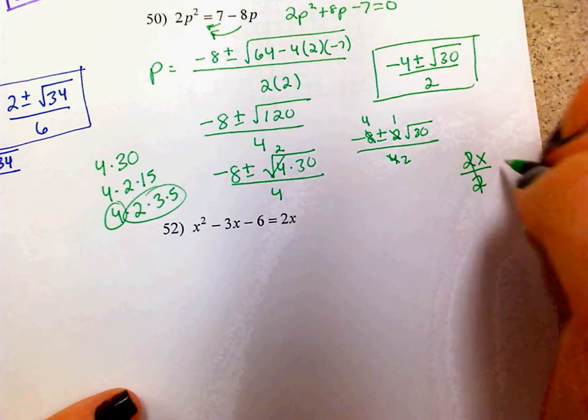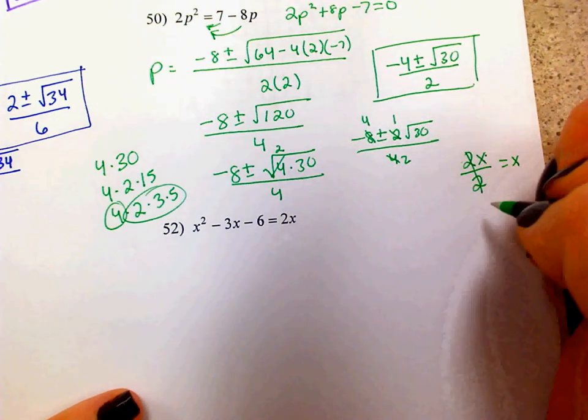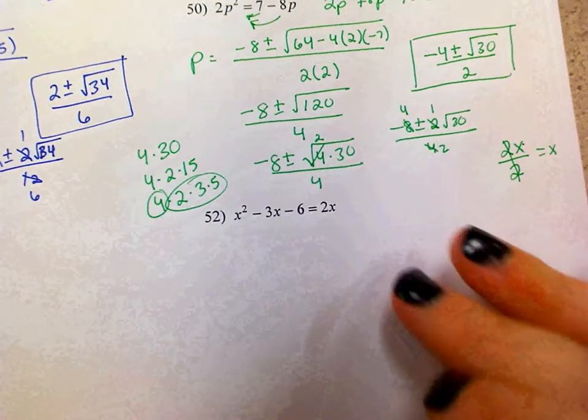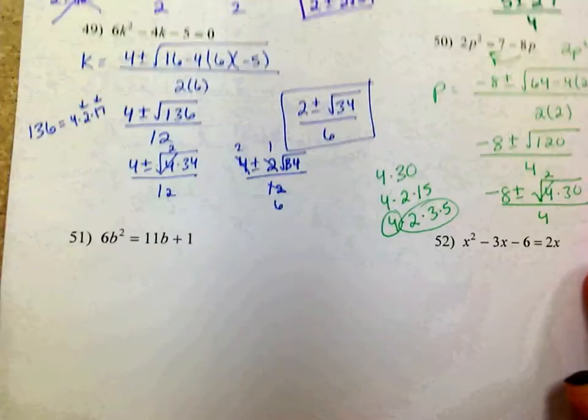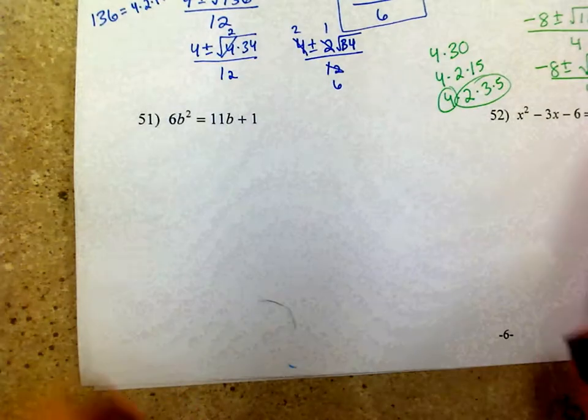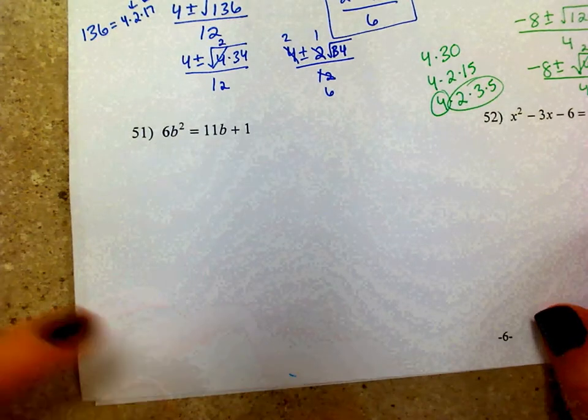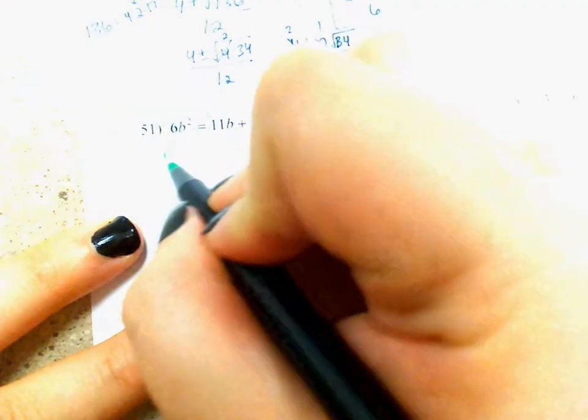Okay. We need to get everything in order. I'm going to leave 6b squared over here. I'm going to subtract 11b and subtract 1 so that it's in standard form. Okay.